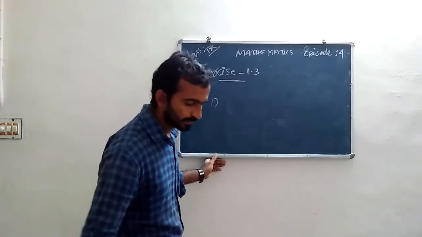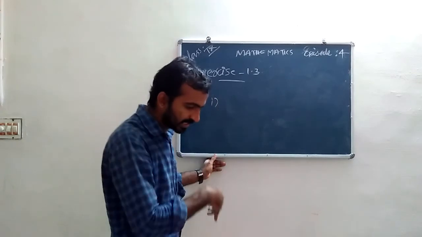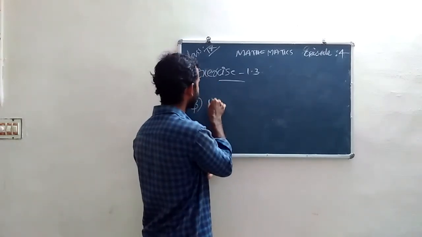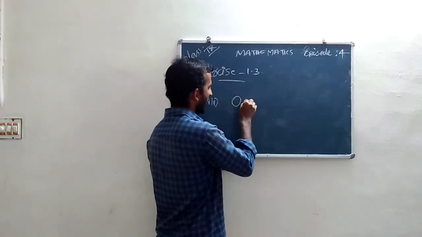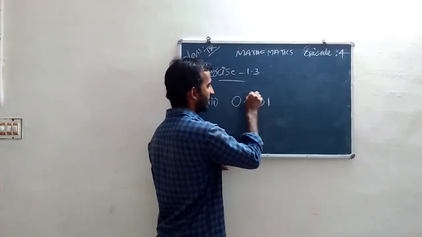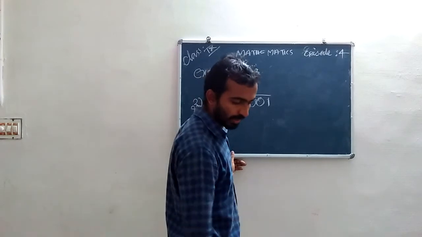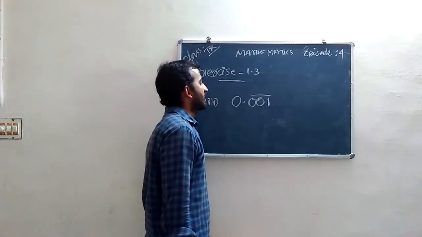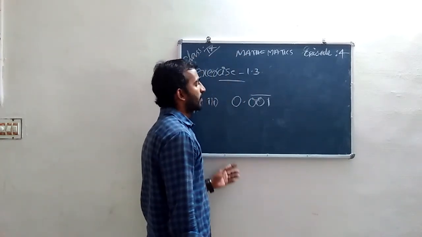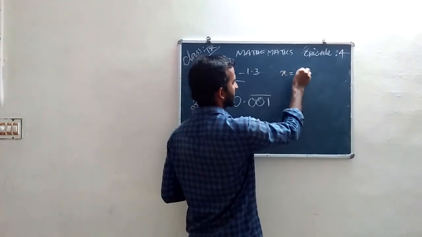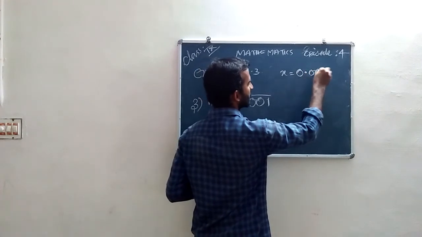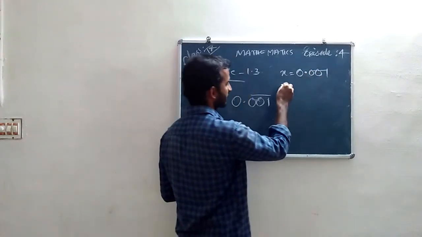Next one. The third one is 0.001 bar. Here 001 is repeating, so we can take x equal to 0.001 bar.